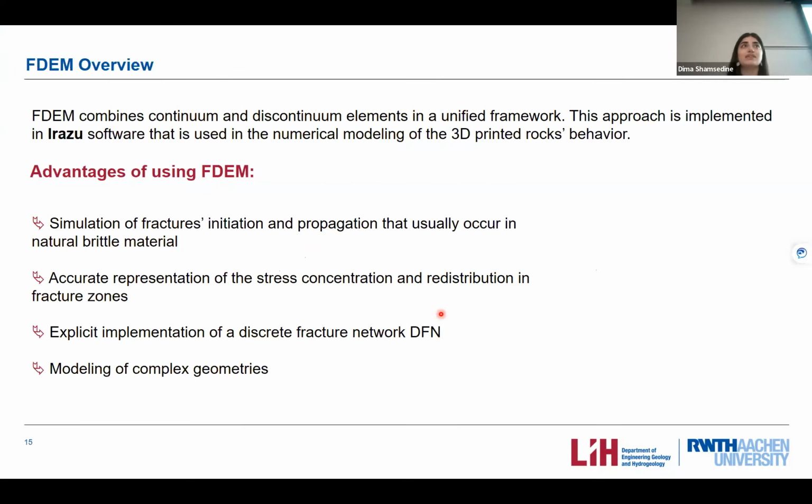Now, what's the combined finite discrete element method, the FDEM approach? It was initially developed by Munjiza in 1995, and it combines the continuum and discontinuum elements in a unified framework.